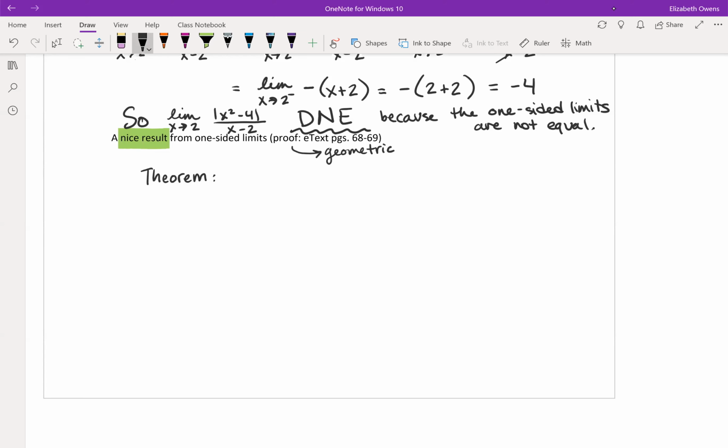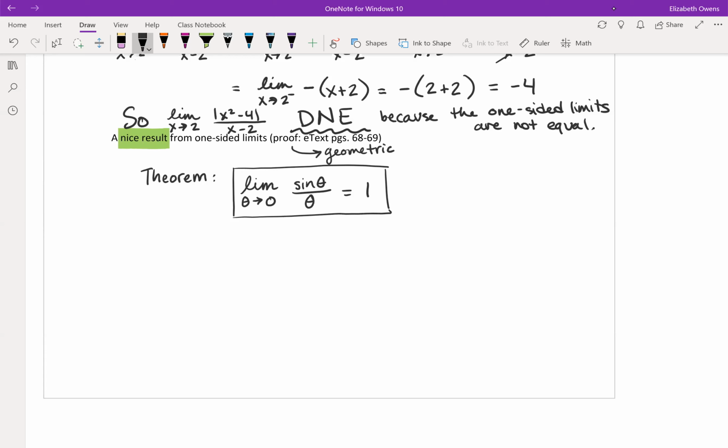But the theorem, the part we're interested in, is a special limit. The limit as theta approaches 0 of sine theta over theta, that's our function. That limit equals 1. And this is trig based.